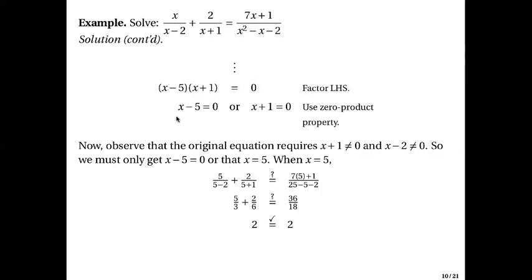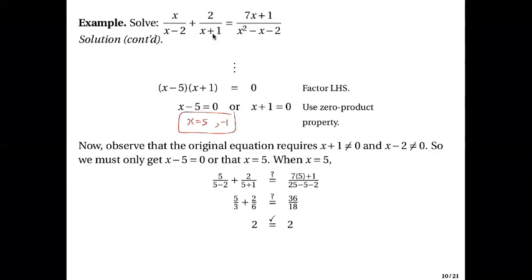That's how important checking is. Some students will stop at this. Then they will say, oh, x equals 5, x equals negative 1, and then they will box that. Poof, they will get deductions. Because again, this negative 1 here won't be a solution, because you will have x plus 1 equals 0, and you cannot have x plus 1 equals 0.